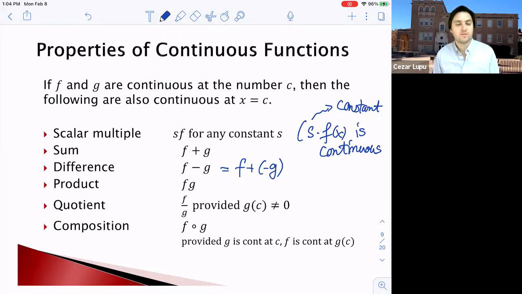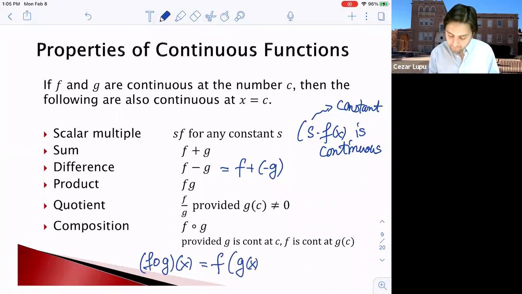And not just the sum, difference, product, and quotient, but even the composition is also continuous, provided that g is continuous at the point c and f is continuous at the point g of c. Remember, f composed with g of x is nothing else than f of g of x.